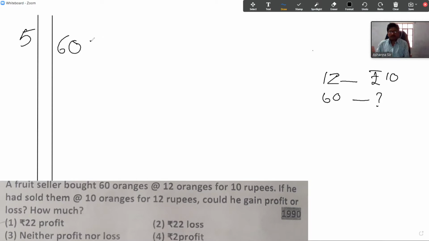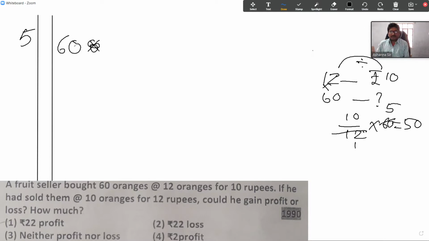We know the unitary method. 10 by 12 into 60. 12 ones are 12, 12 fives are 60. 10 fives are 50 rupees.